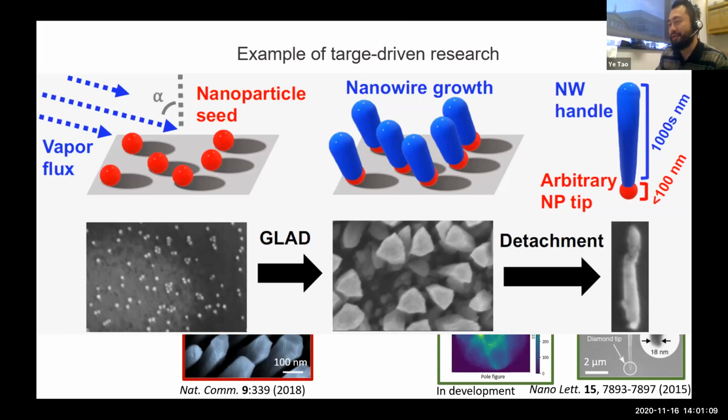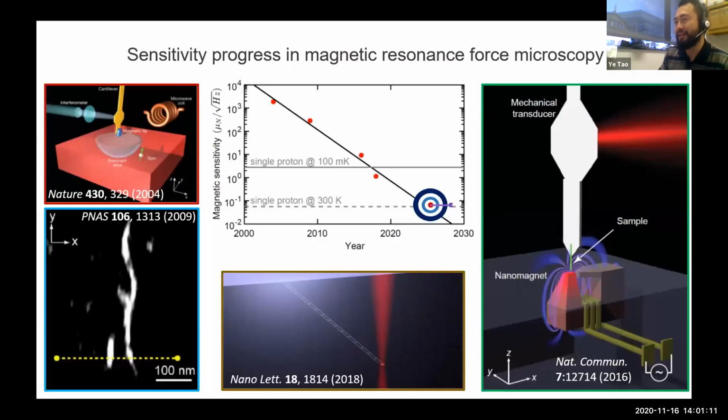So the original focus was really a well-chosen target, and we were very much on our way to reach single proton imaging and sensing sensitivity by the middle of this coming decade, if everything happened according to plan.